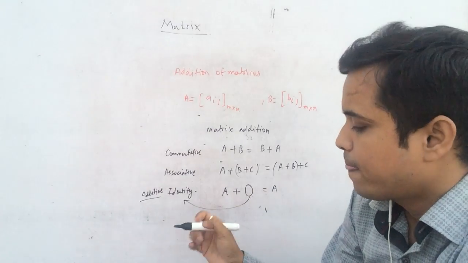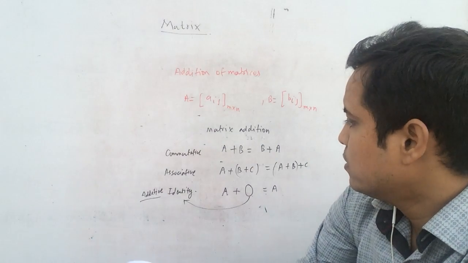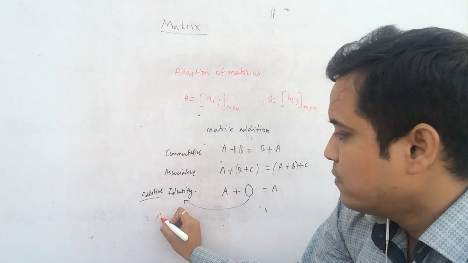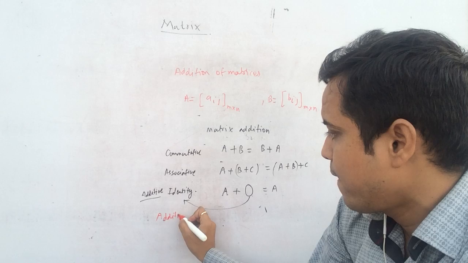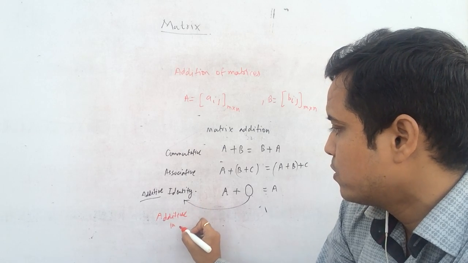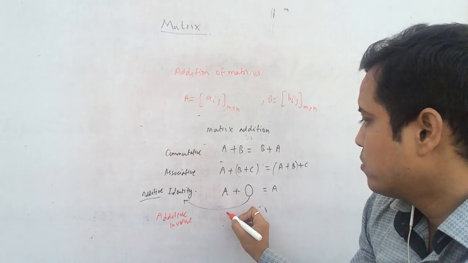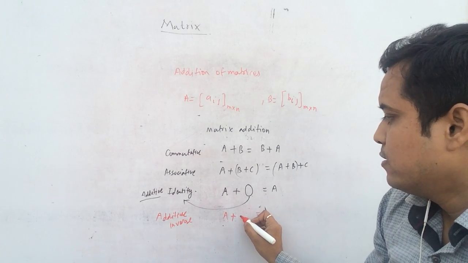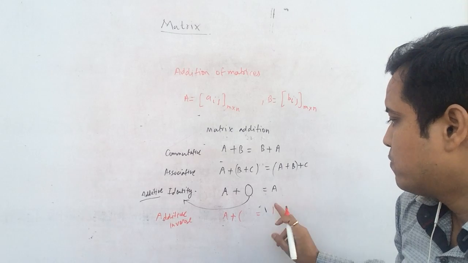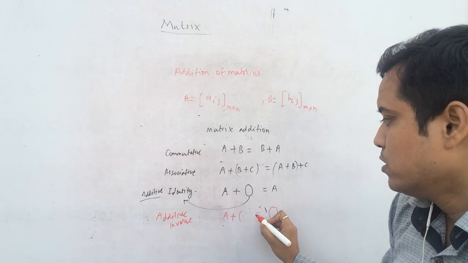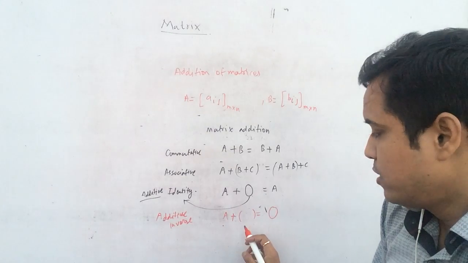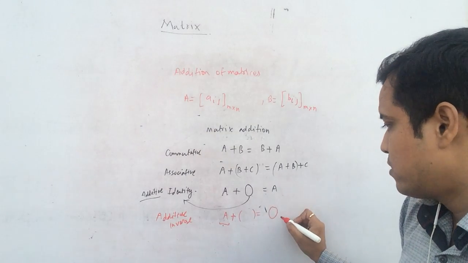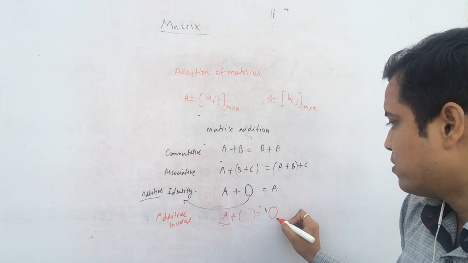Now, what is the additive inverse? What should you add to A to get the identity matrix, which is the zero matrix, the null matrix?